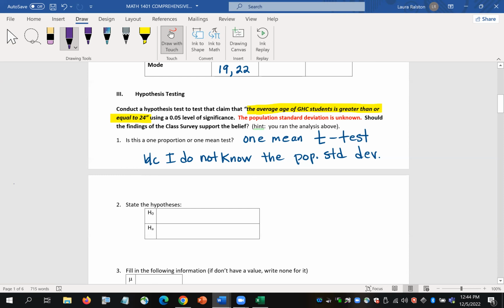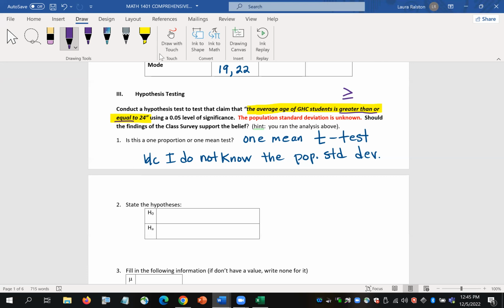Okay, so the first thing you have to do in any hypothesis test is state the hypotheses. So you were clearly given the hypotheses. It's in quotes and it is italicized. And I see the phrase greater than or equal, which should make you think of the math symbol greater than or equal to.